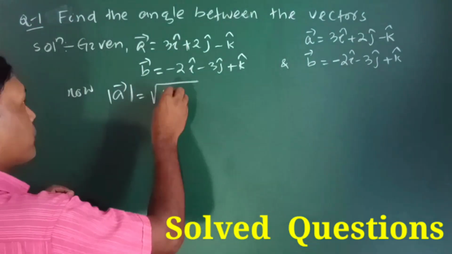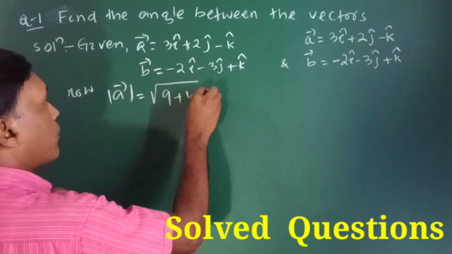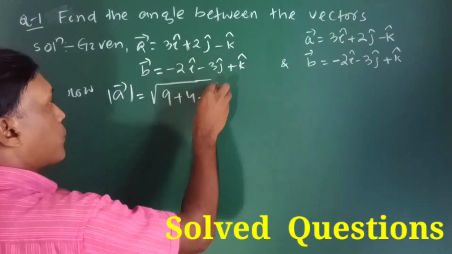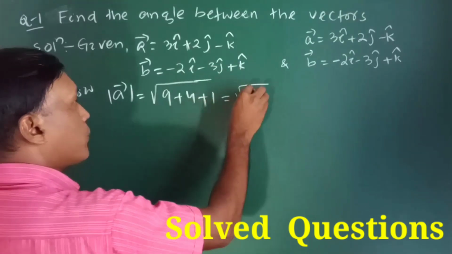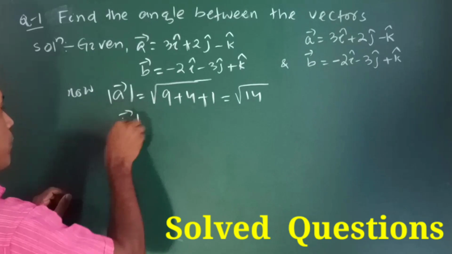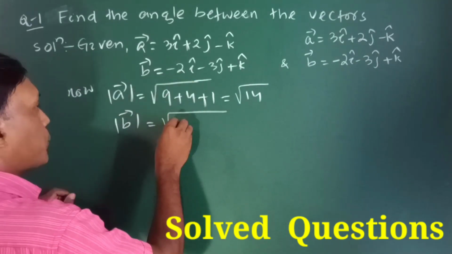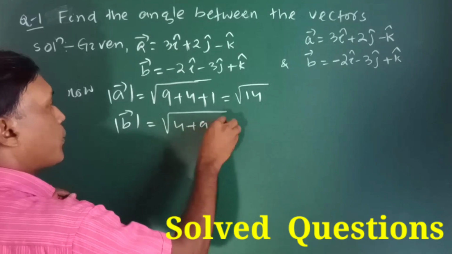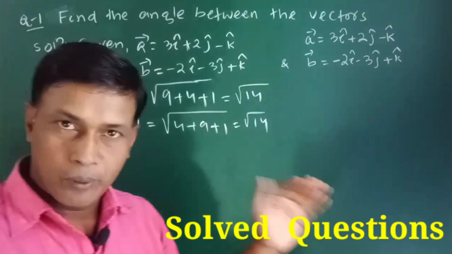So magnitude of a is 3 square is 9, 2 square is 4, and the square of minus 1 is plus 1. This is 9 plus 4, 13, plus 1 is root 14. Magnitude of b is root over minus 2 square is 4 plus 9 plus 1, again root 14. So we found the magnitudes of the two vectors.